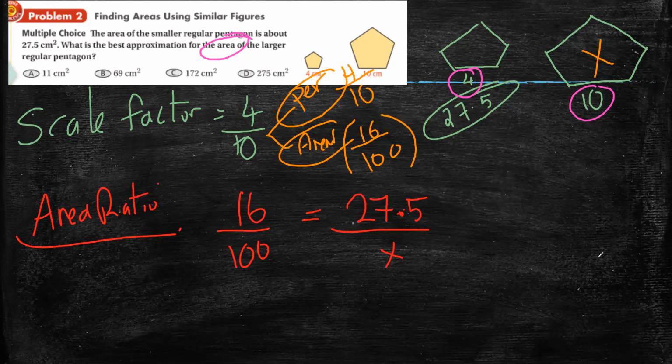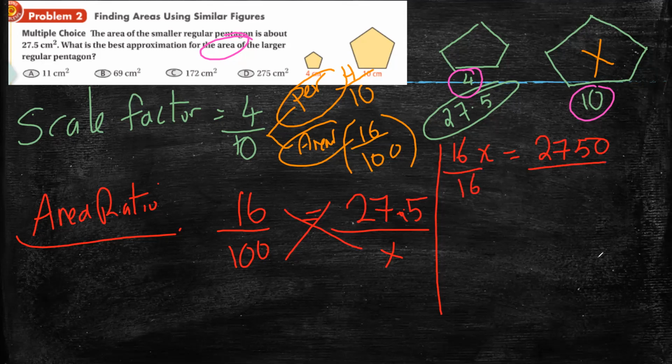Yes, teacher. Then now I have to find the larger area by cross product. 16x is equal to 27.5 times 100.